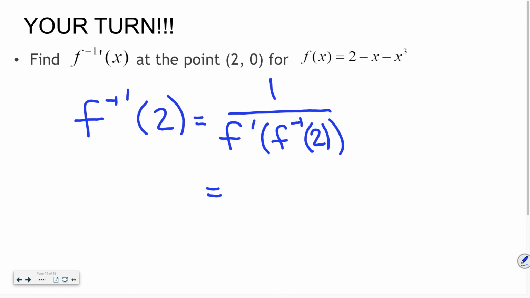Okay, let's talk about it. Do we all agree with what I have written up here? Okay. Autumn, what is F? Oh, I've already picked on you today. I'm not going to pick on you again. Jesse, what is F inverse of 2?